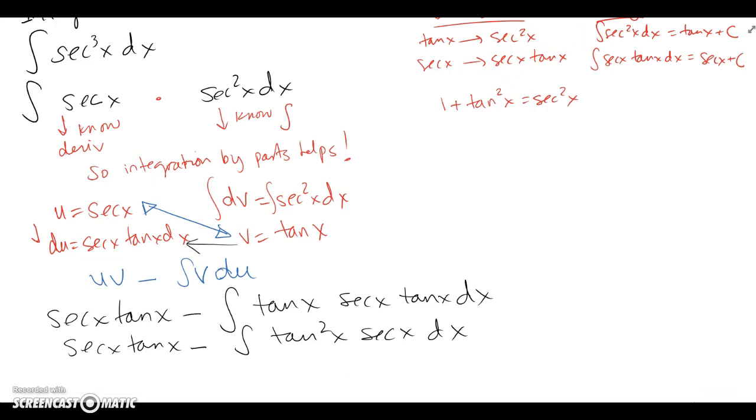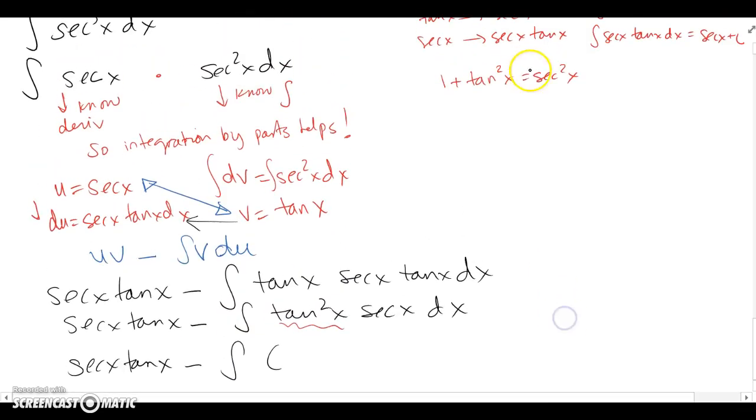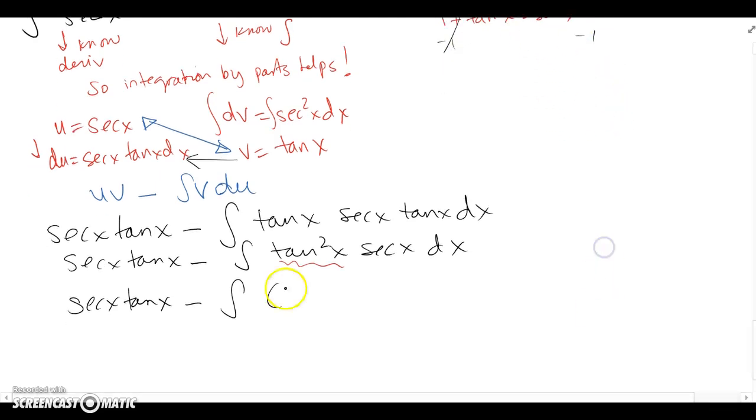So the only other option I have is, let me see what I can do with tangent squared x using this identity. Let's just play around with that and see what happens. So secant x tan x squared, moving the 1 over, will be secant squared x minus 1, times secant x dx.